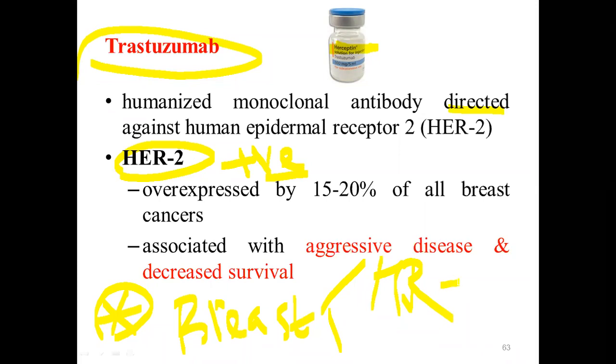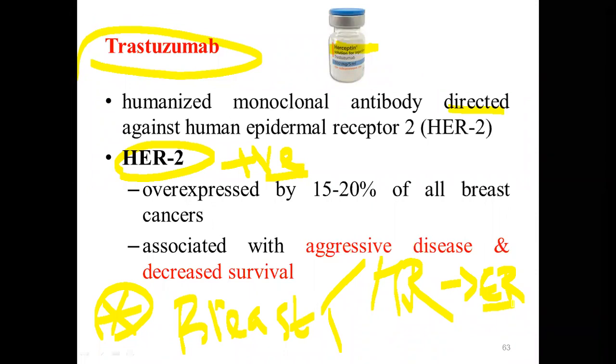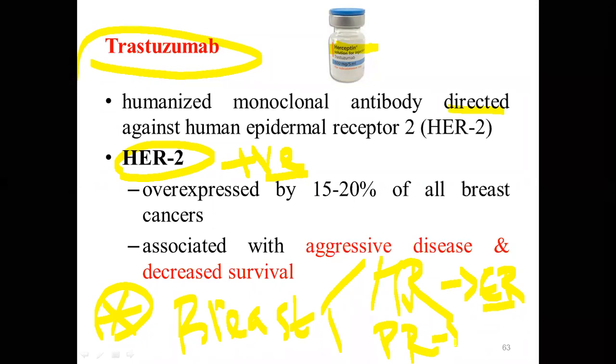For example, if the patient is positive for estrogen receptor, that means estrogen is the most likely hormone that causes that breast cancer for that patient. If a patient is progesterone receptor positive, the cancer is mostly caused by progesterone, and we do have drugs that specifically target the ER or PR receptor.